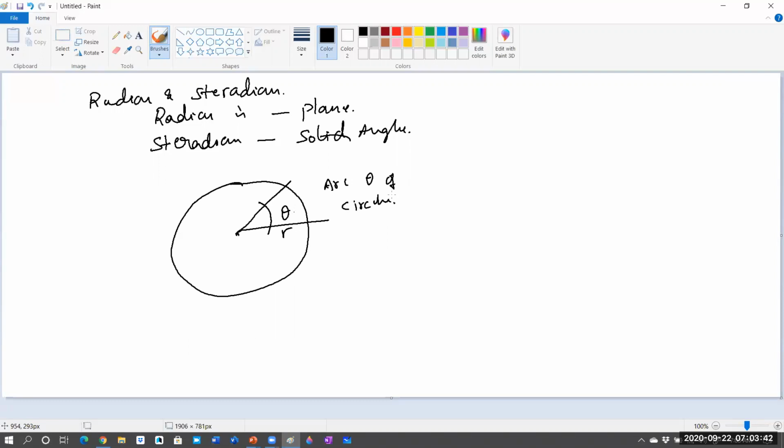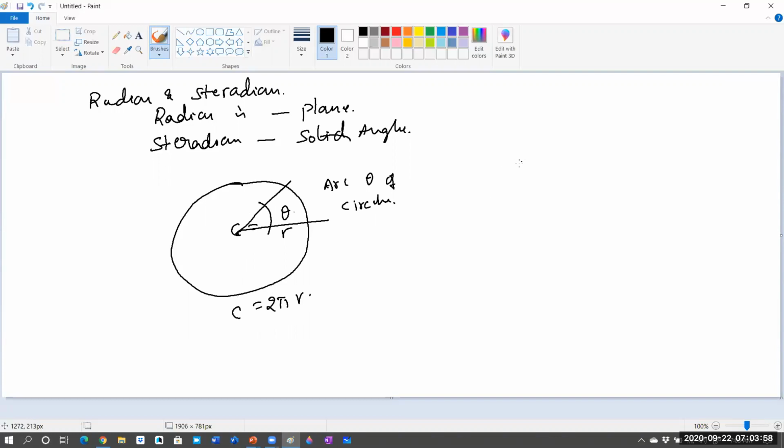Here the total circumference of the circle is c equal to 2 pi r. And what about a steradian? How can I represent a steradian?